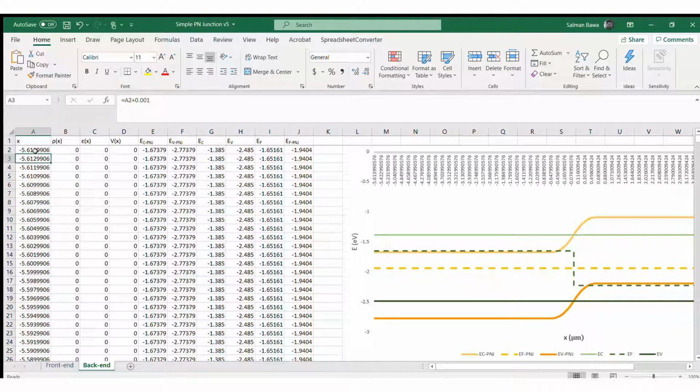So assuming that one side has close to intrinsic concentration and the other side has close to levels of mobile carriers or electrons, as in the case of the sea of electron cloud, so 1 exponential 20 or 1 exponential 22, given the increment of 0.01, we could do some calculations to figure out that we would at least need 500,000 rows in order to be able to start at a value of the width of the depletion region on the left side minus 5, and giving enough points so that we can cross over the junction and go up to the width of the depletion region on the right-hand side plus 5 microns.